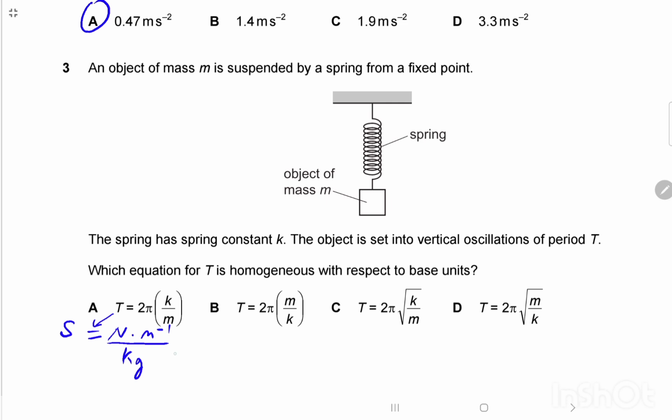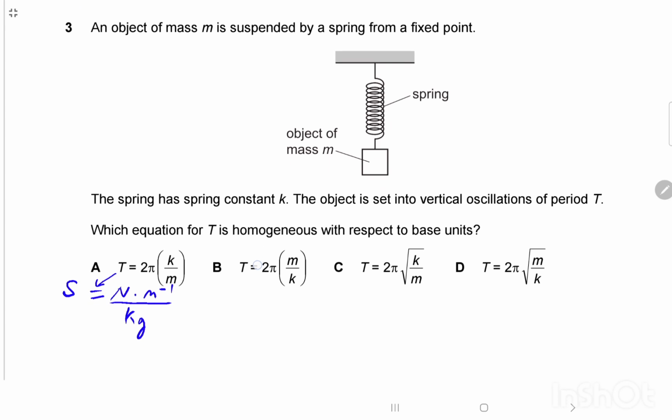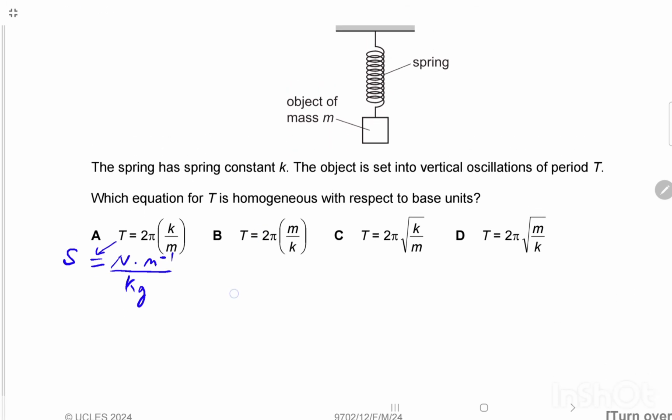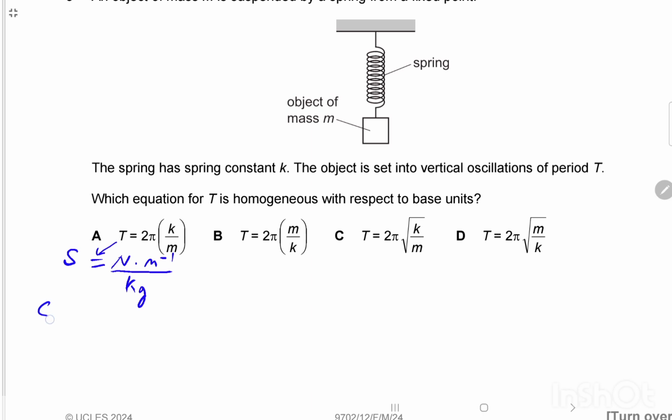Now we know that Newton is mass times acceleration, so we can say second is equal to Newton is mass times acceleration, which is kilogram times meter second to the power of negative 2, times meter to the power of negative 1.